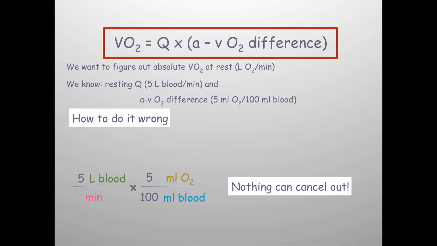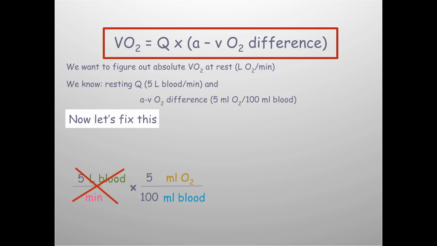So I'm going to show you how to actually do this correctly. We're going to fix this. We're not going to express the cardiac output in terms of liters of blood per minute. We're going to convert that to mils of blood per minute. Maybe some of you automatically can do this, but I'll just show you quickly using unit conversions.